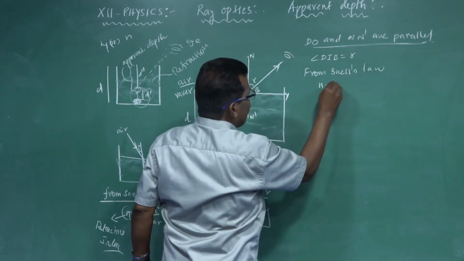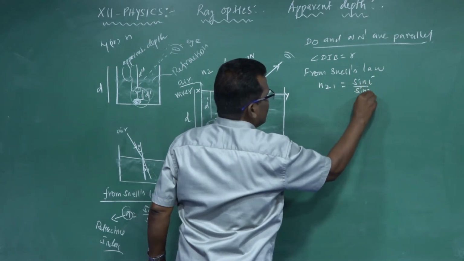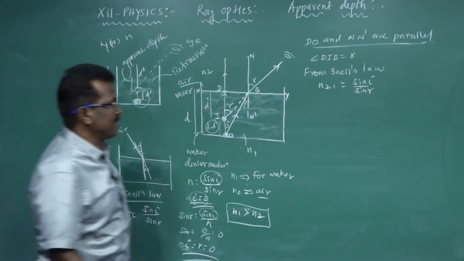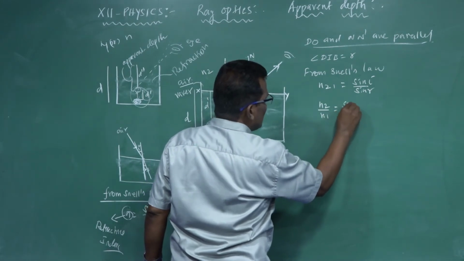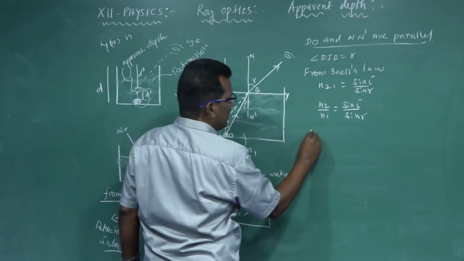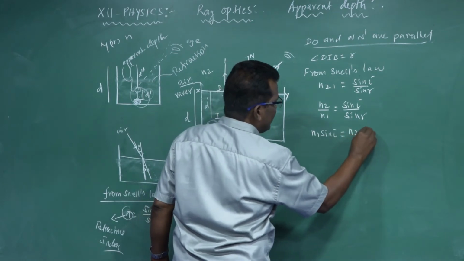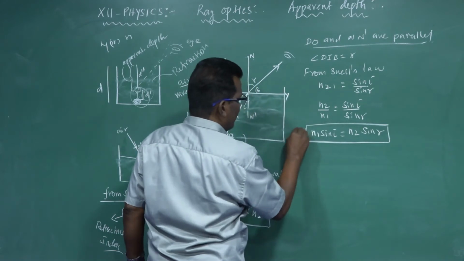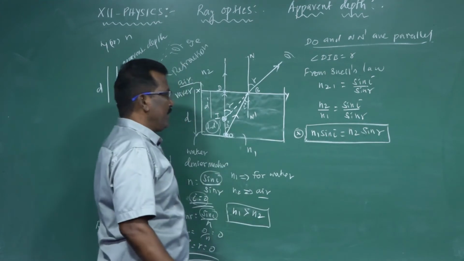The refractive index of the second medium with respect to the first medium is sin I by sin R. So n2 by n1 is equal to sin I divided by sin R. Now rearrange: n1 sin I is equal to n2 sin R.